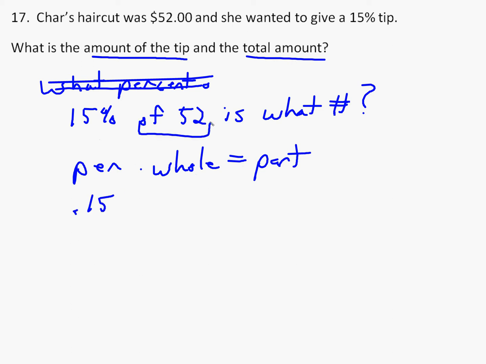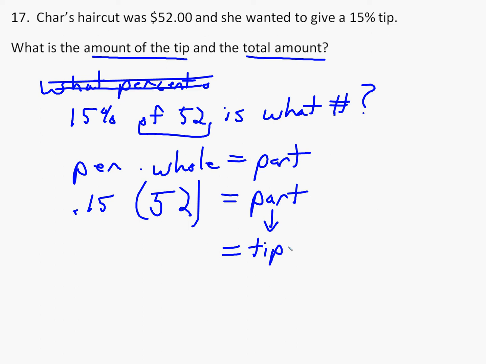The whole is $52, the cost of the haircut. And we want to find the part. How much is the tip going to be? So that equals our part, and I'm going to write tip here because the part is the tip.